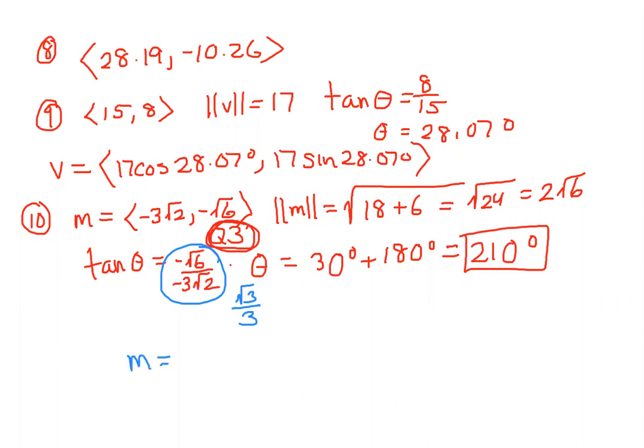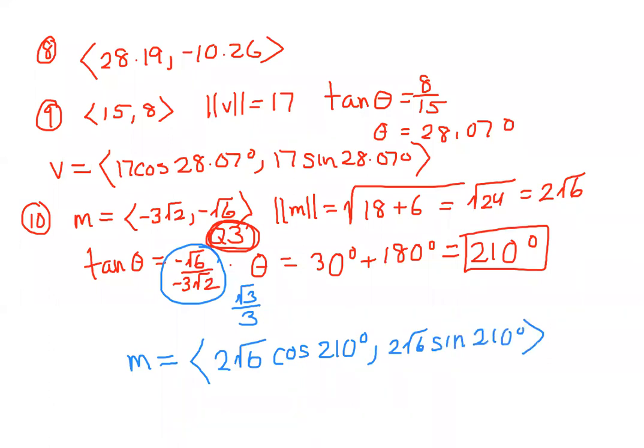Anyway, your trigonometric form is going to be 2 times the square root of 6 cosine 210, 2 times the square root of 6 sine of 210. Basically, we're looking for magnitude and theta right here. That's number 10. Let's look at number 11.